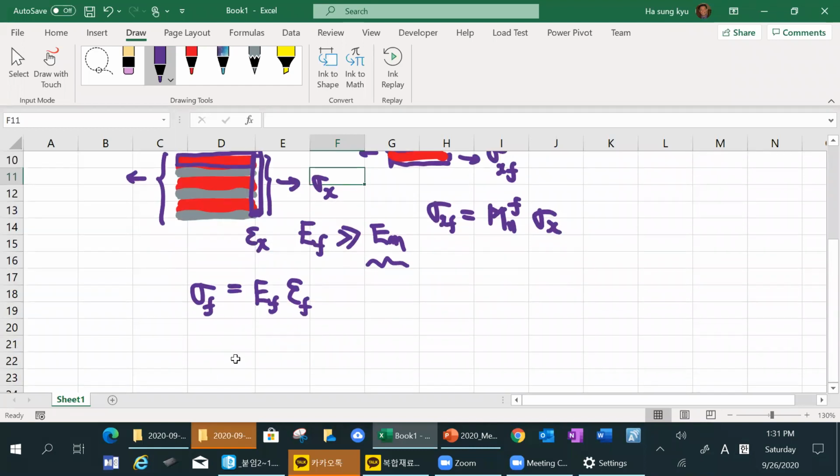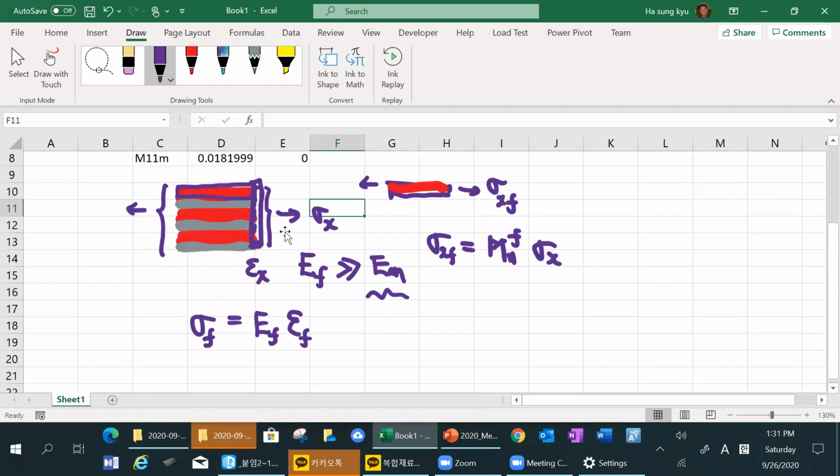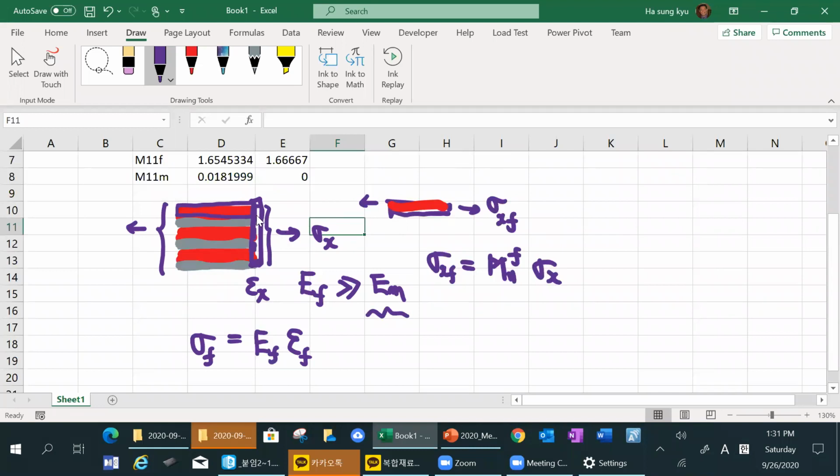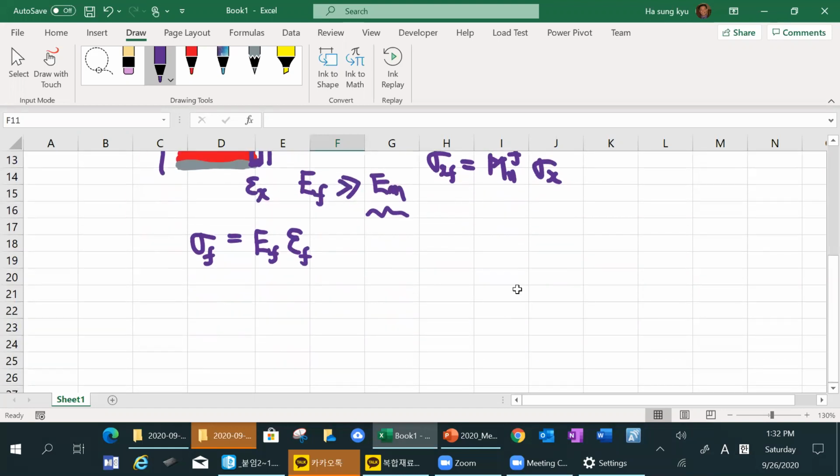This is the sigma f, right? But the point is that the cross section remains as the fiber volume fraction, VF. So VF times sigma F will be simply sigma X, right?